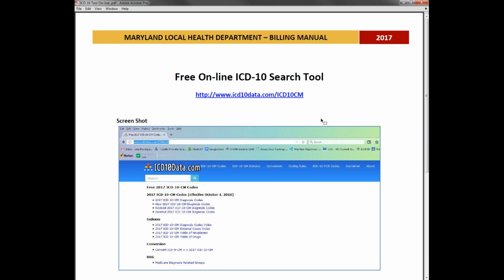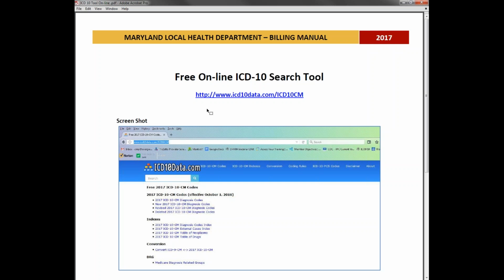But this is a free tool. And for the health departments that don't have access to a practice management EMR that has this feature, this is something you can put on the desktop of your computer, and easily you can search and find any ICD-10 code you want. It's kept up to date. It's excellent. A lot of people use it.